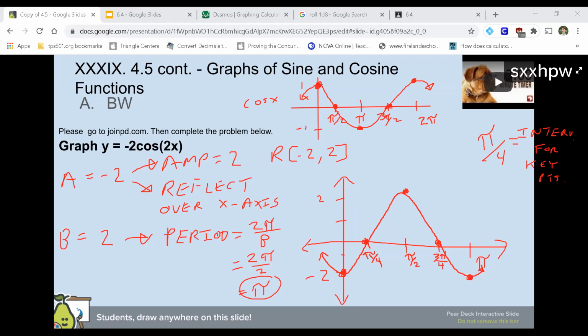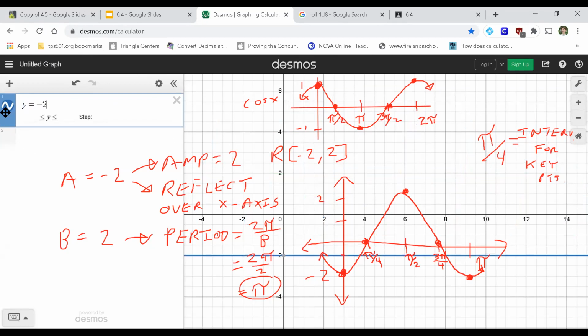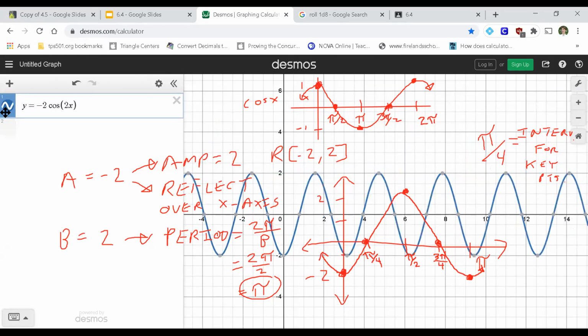Okay. If at this point right now, you are 100% lost, there's a saving grace. This is how we get this answer by hand. Another way you could get this answer is to just graph it on a graphing calculator like Desmos.com. It's also a great way to check your answer.